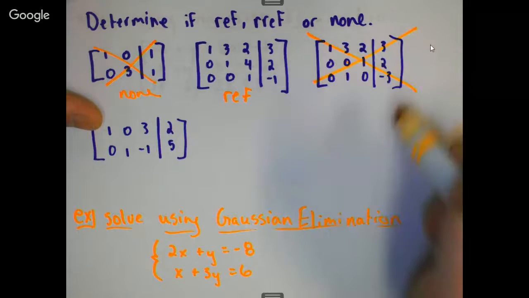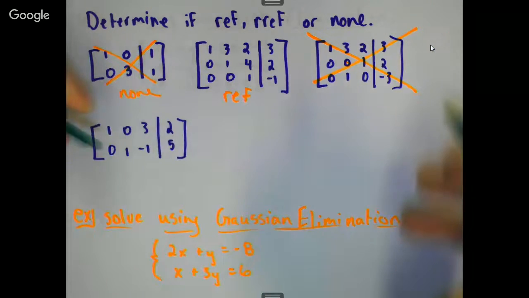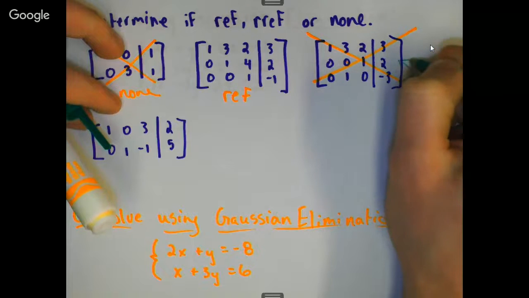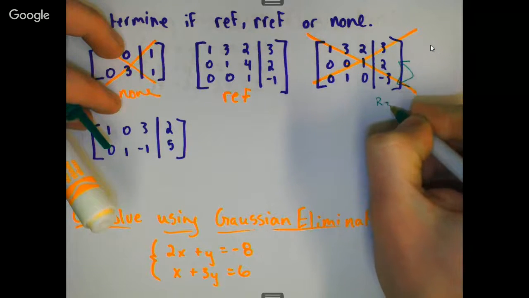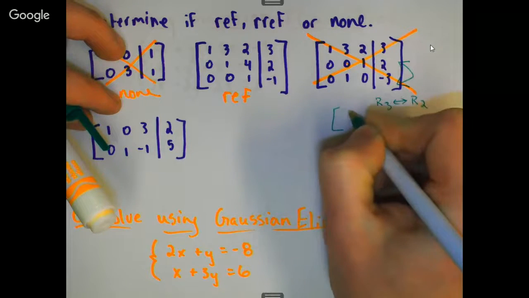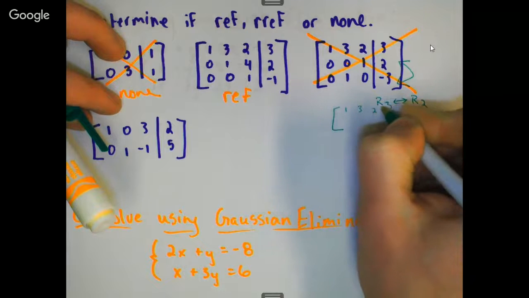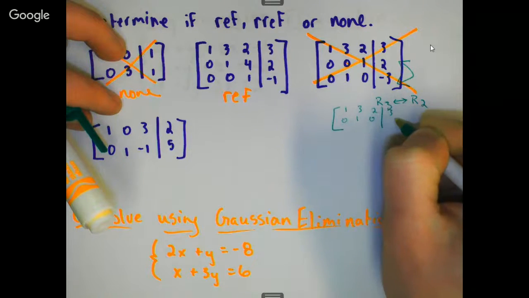So this is actually neither. However, with row operations, all I would need to do is interchange these two rows. We would take row 3 and interchange with row 2, and then we'll notice that this matrix does become an REF matrix.